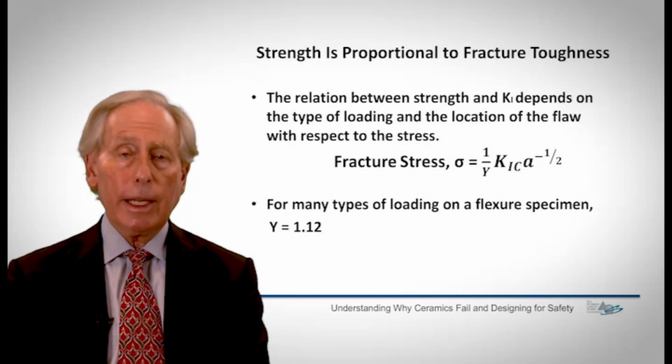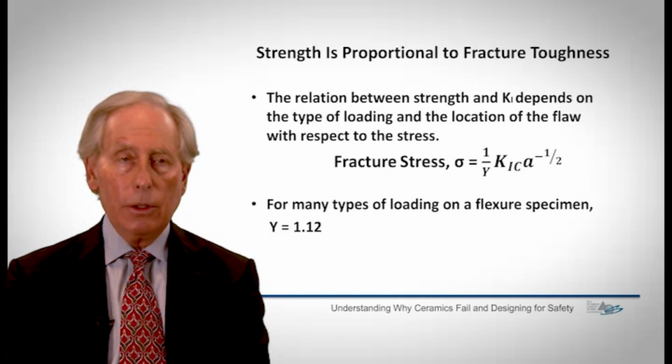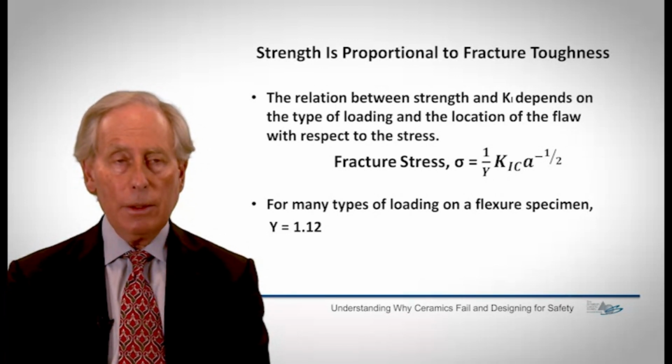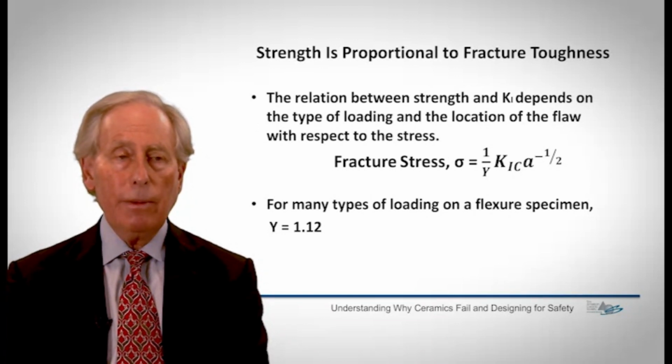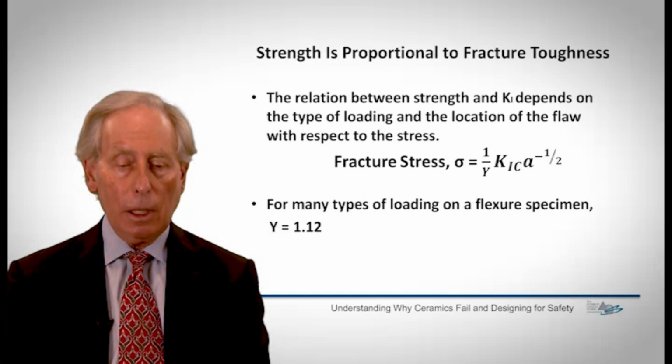So here's the key equation now. Strength is proportional to that term, fracture toughness. What do we mean by fracture toughness? What we mean is the stress intensity factor when fracture occurs.